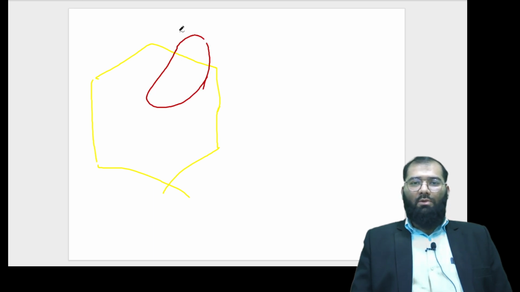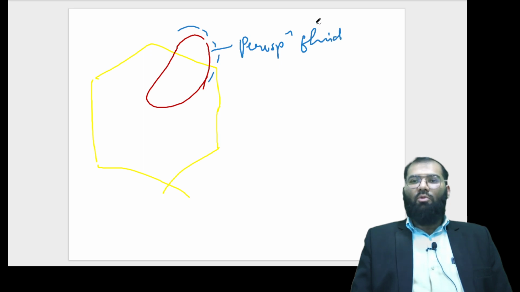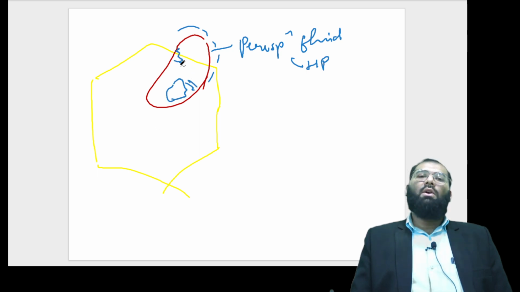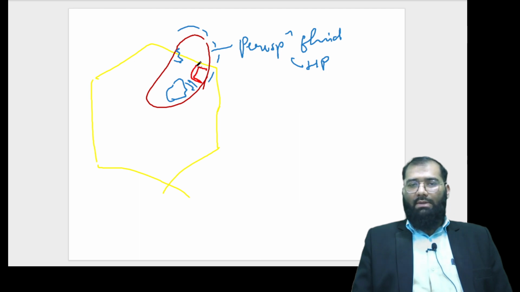Perisplenic fluid denotes hemoperitoneum. Especially in patients of trauma, try to look for splenic lacerations or hematoma in the spleen. Next important thing, often seen especially in cases with splenic vein thrombosis, is infarcts. So you can get splenic infarcts.